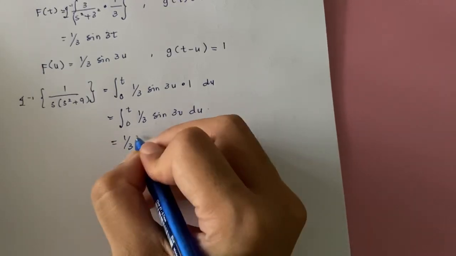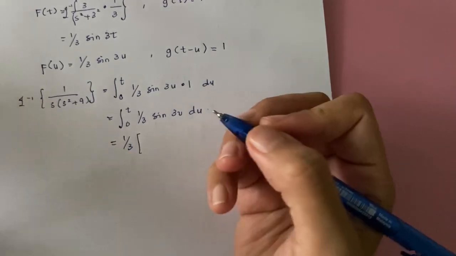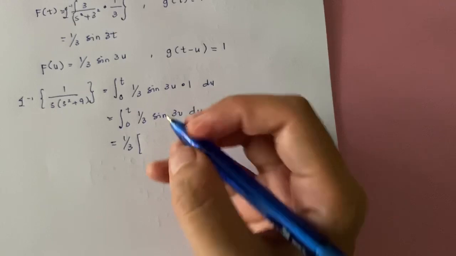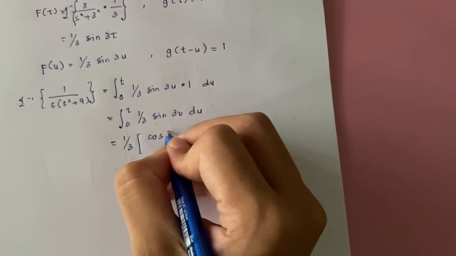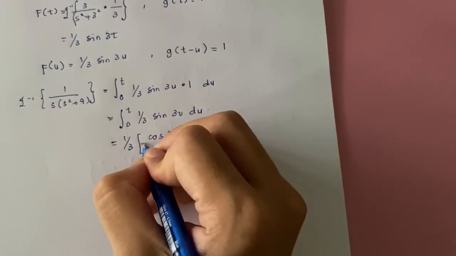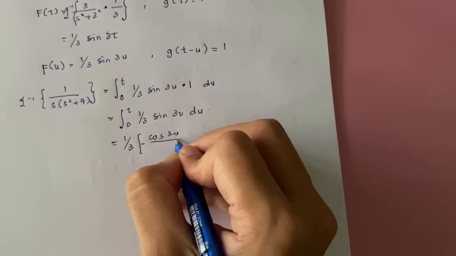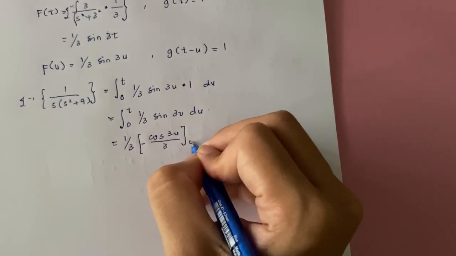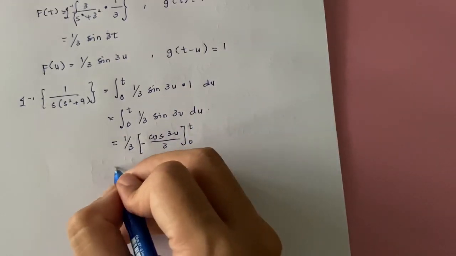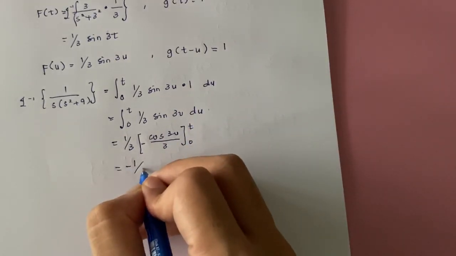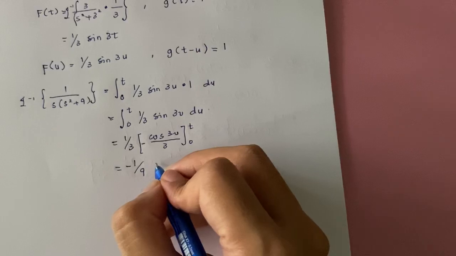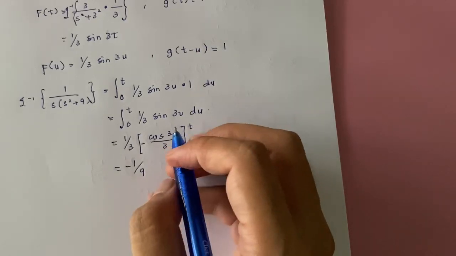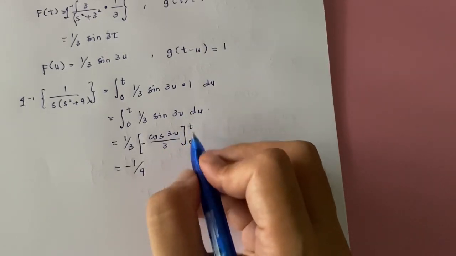1 over 3, the integration of sine 3u is minus cos 3u over 3. It is from 0 to t, so you have 1 over 9 here. Then you need to substitute the upper limit and lower limit.